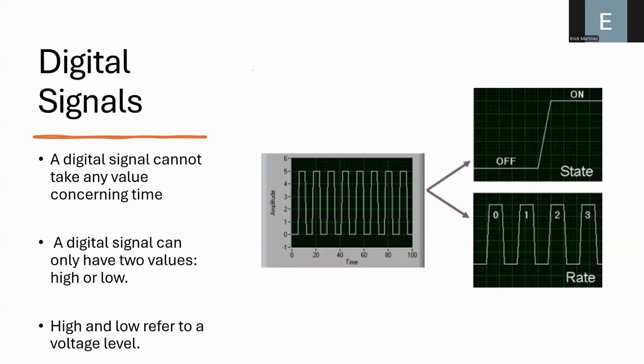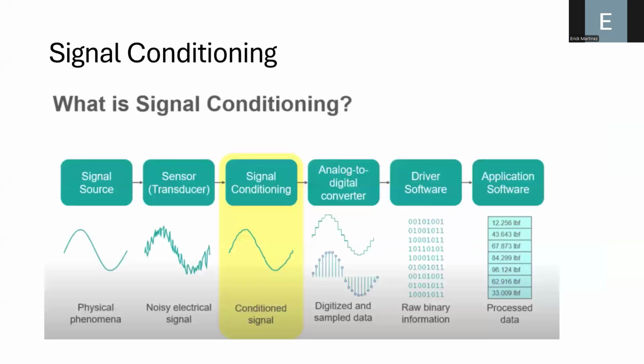Okay, so now that we know what a signal is, we can discuss what signal conditioning is. Signal conditioning is essentially preprocessing the information of the sensor or the signal before we transfer the information to a microcontroller like an Arduino.